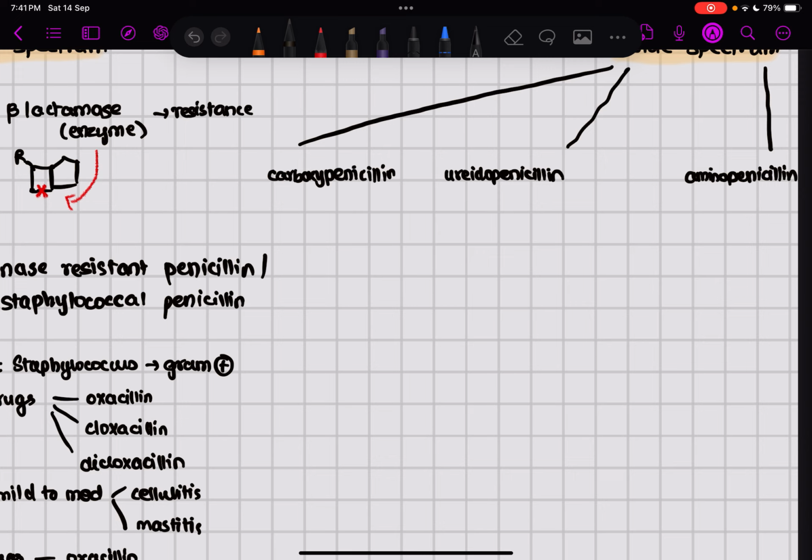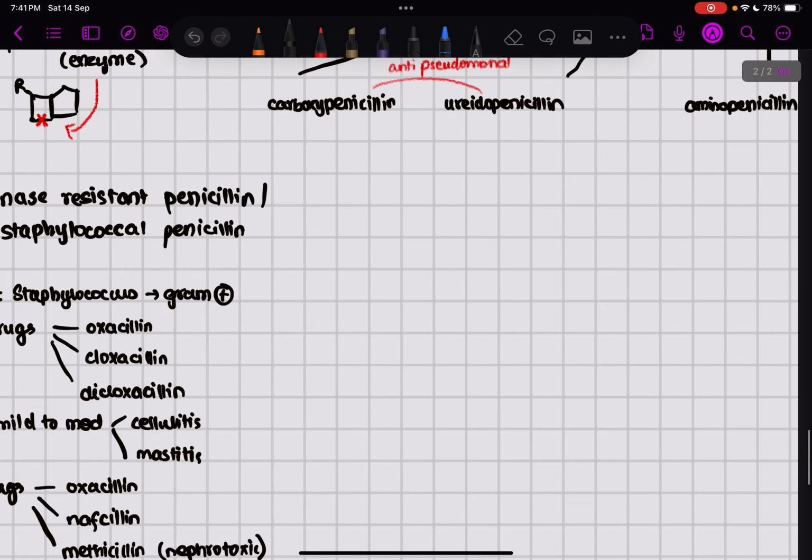The carboxypenicillin and uridopenicillin are anti-pseudomonal drugs.